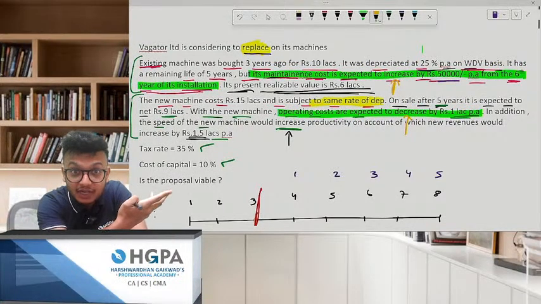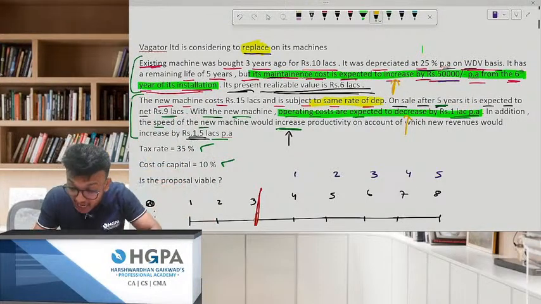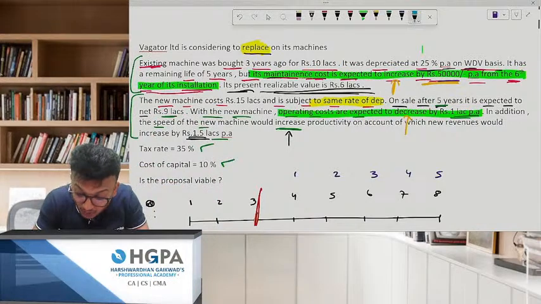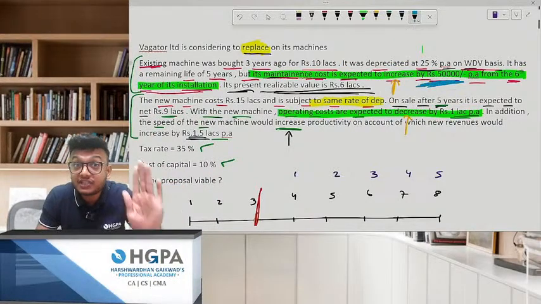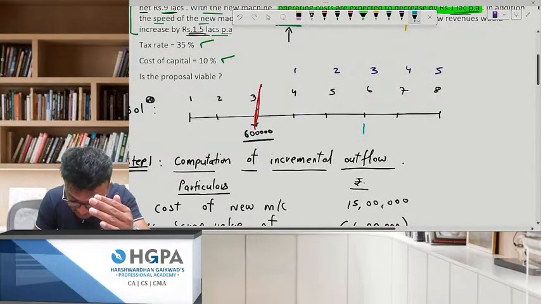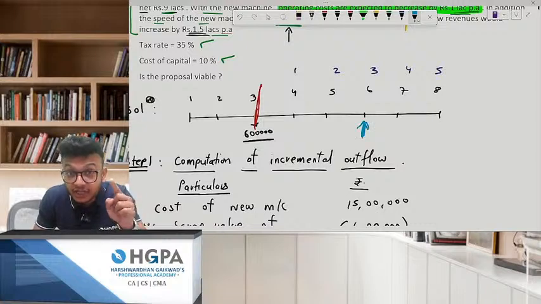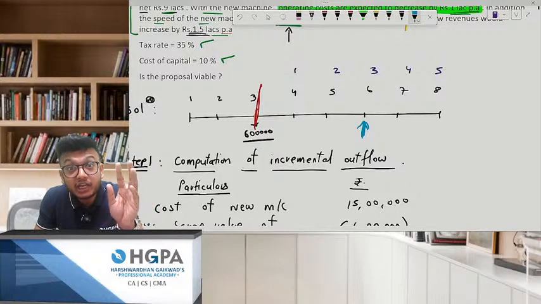I'm not using the old machine now. If I would have used it, I would have to incur 50,000 from the 6th year. If you use the existing machine, you need to incur 50,000 per annum.